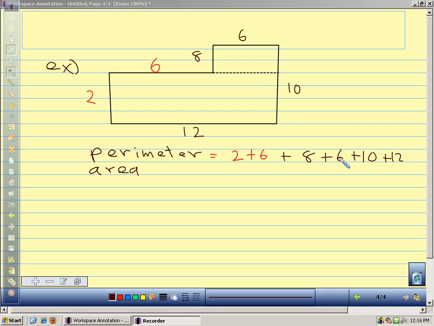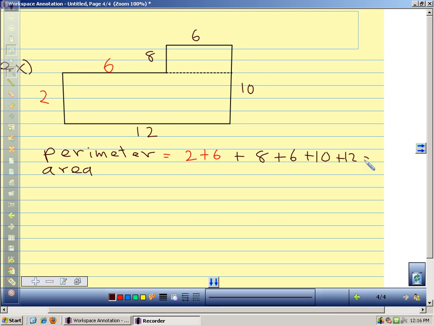Plus 6 is 22. Plus 10 is 32, plus 12 is 44. And my units here, are they going to be units, units squared? Units.